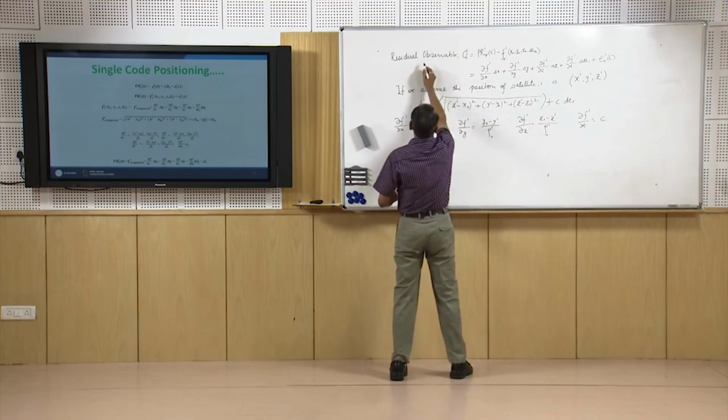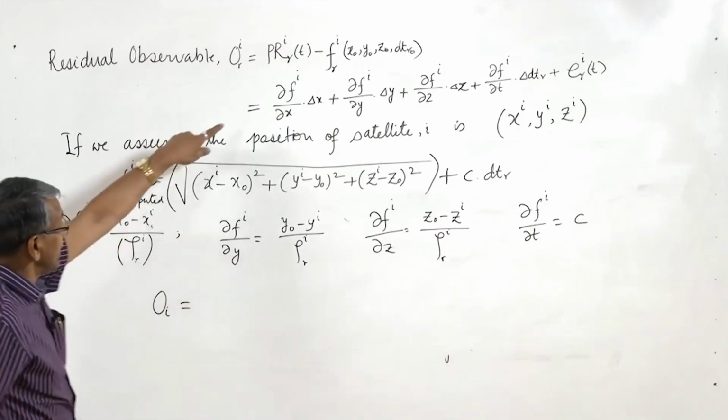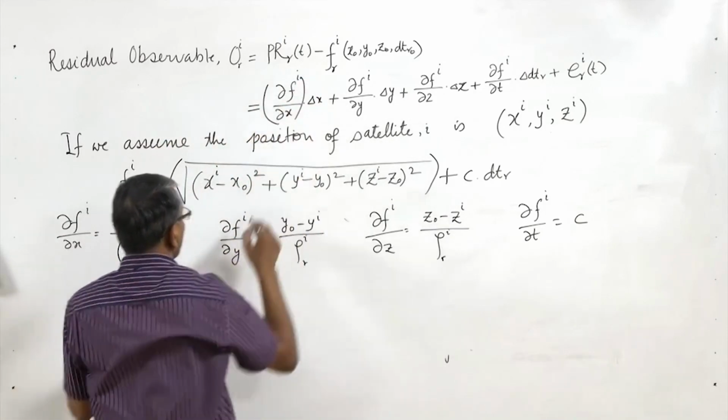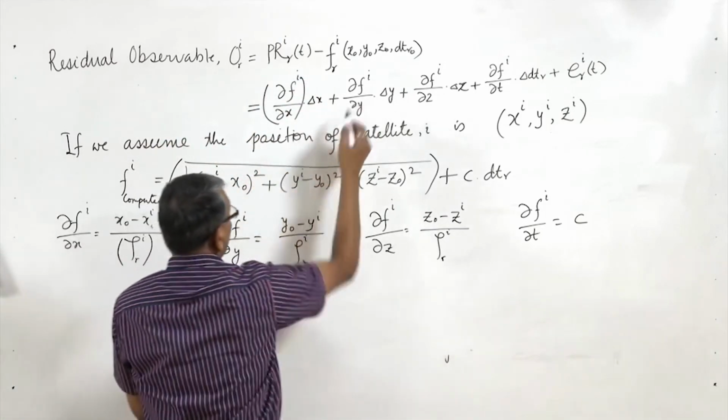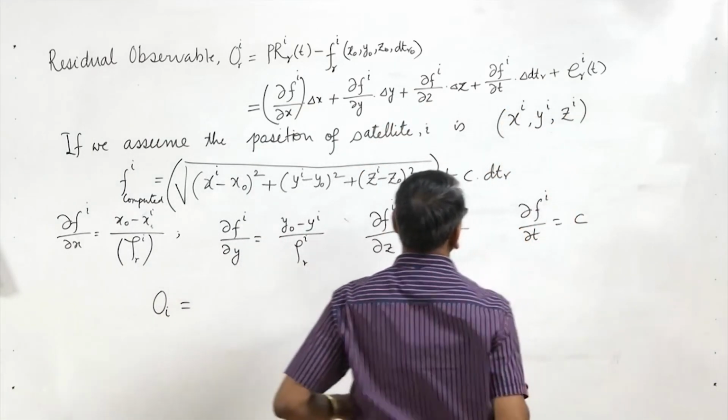Now we can see that for this residual observable O_i, this part is this one, this part is this one, this part is this one, and we can get this thing.